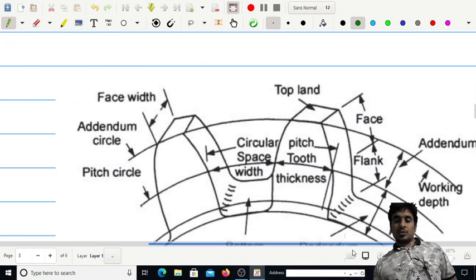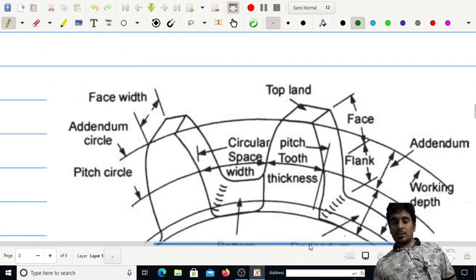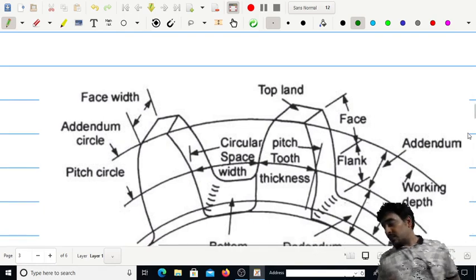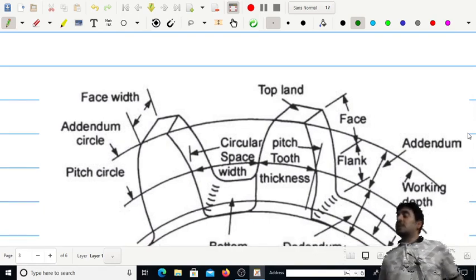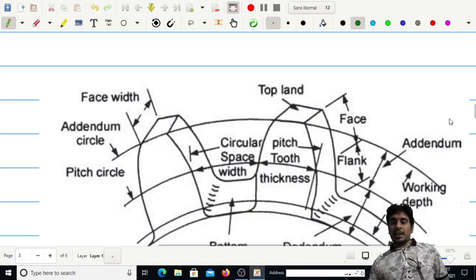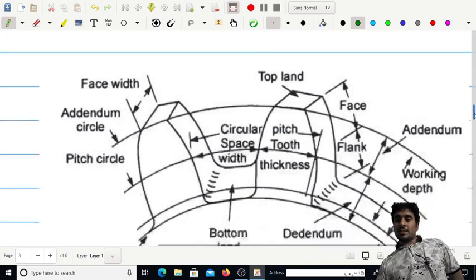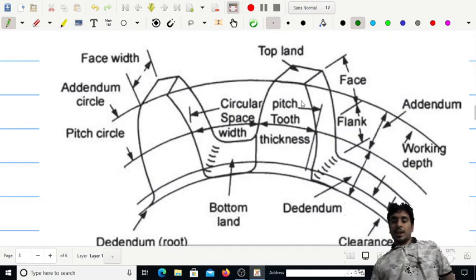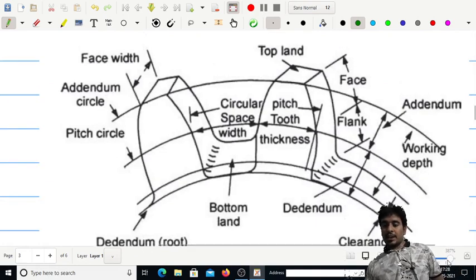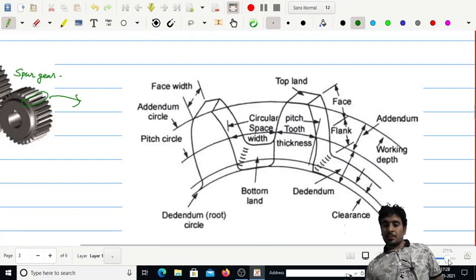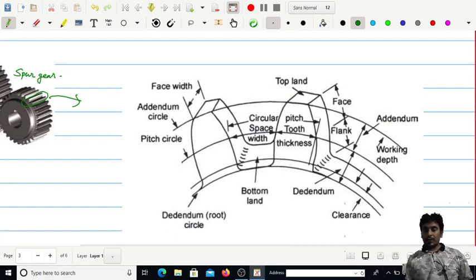Okay, so these are the two teeth which I have considered.